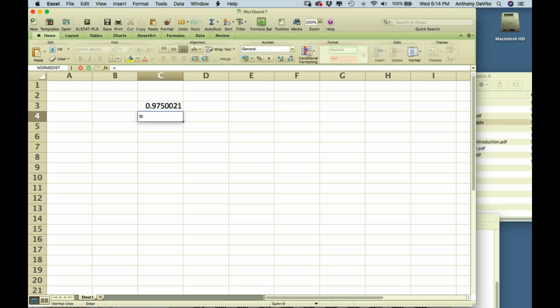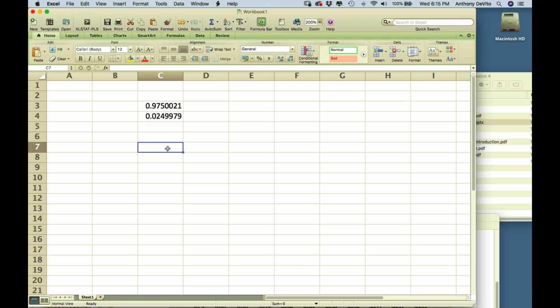If I put it in negative, parentheses, negative 1.96, well, I would expect to get 2.5% there because that's the area I would expect to be to the left of this. And indeed, I do get 2.5%, or certainly very close to 2.5%. It's a little bit tricky, but you can use Excel to do this for you as well.